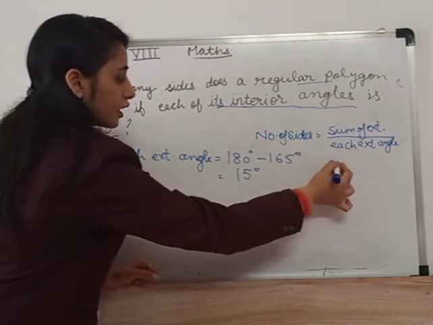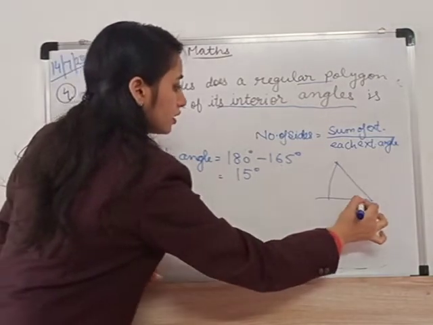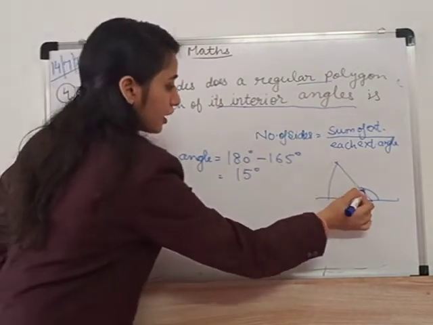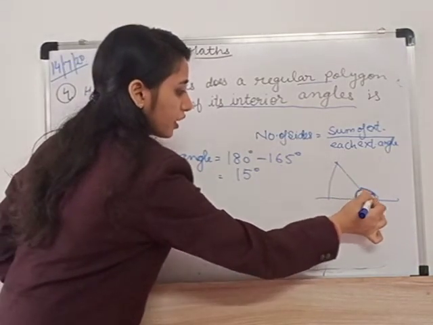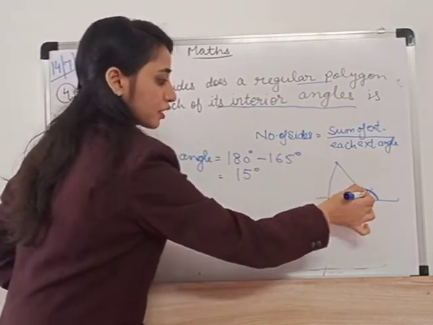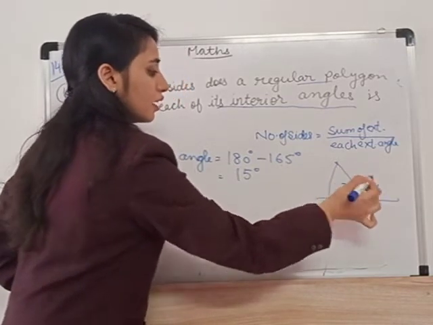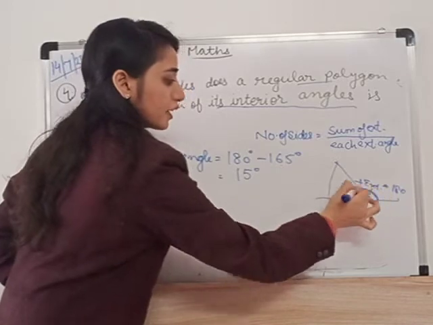See, in this figure, this is the interior angle and this is the exterior angle. If the interior angle is given, then how can we find the exterior angle? By using a linear pair, meaning interior angle plus exterior angle is equal to 180.